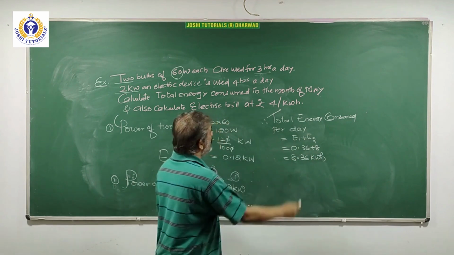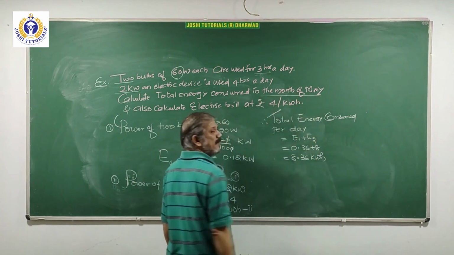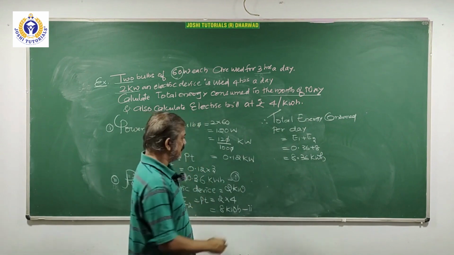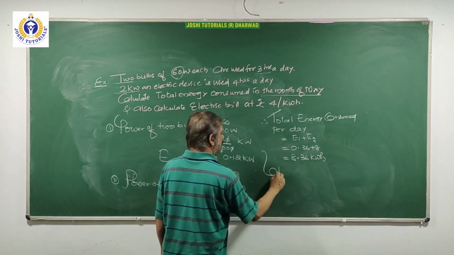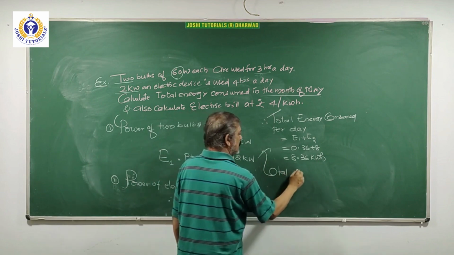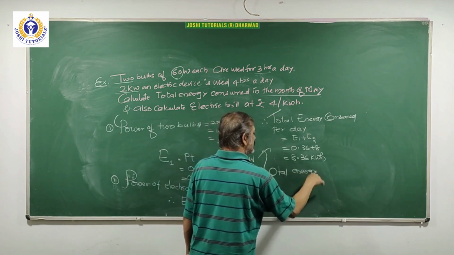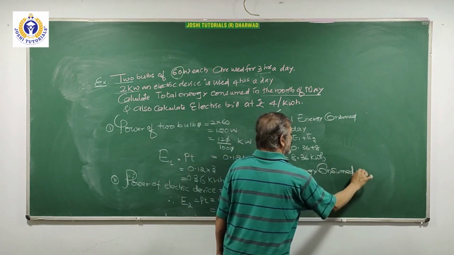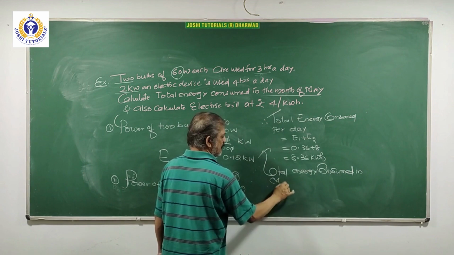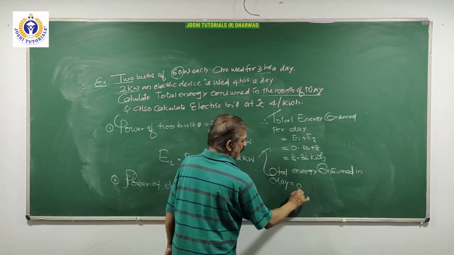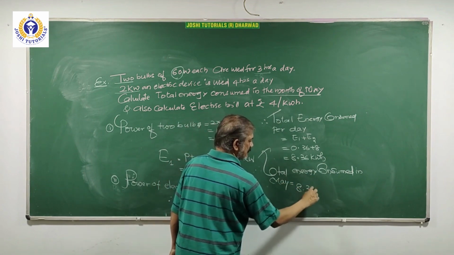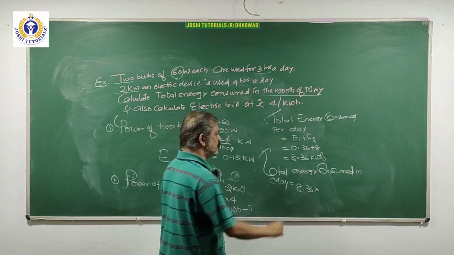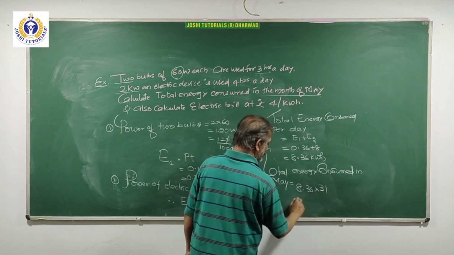They have asked in the month of May. You must know the days. May is 31. Therefore, total energy consumed in May equals 8.36 into 31.